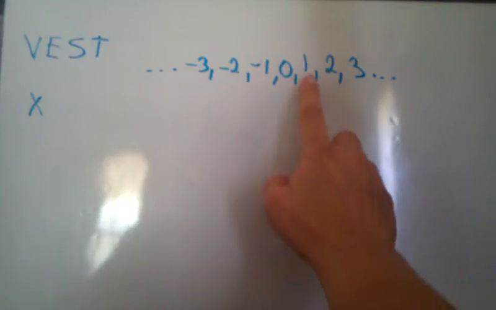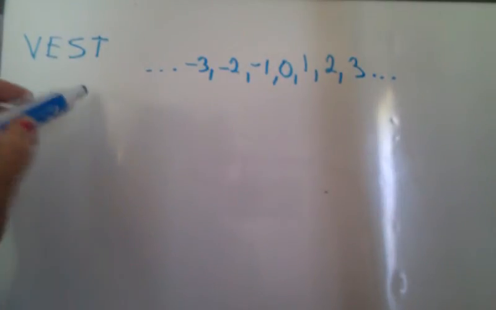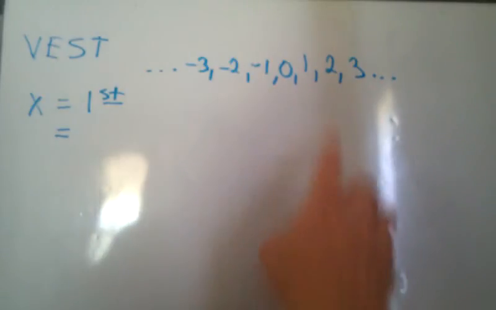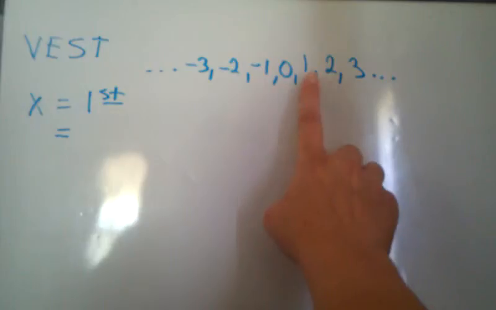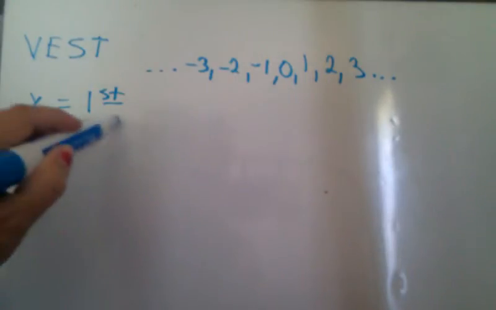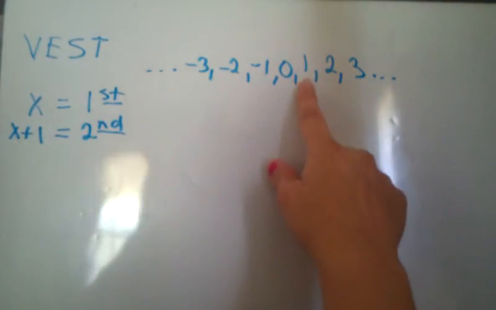So if x is my first integer, what is my second integer? How do I get from this number to that number? I have to add 1, right? So x plus 1 is going to equal my second consecutive integer. Now how do I get to here? From here I add 1.